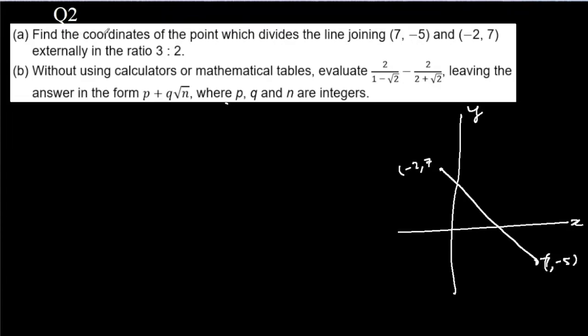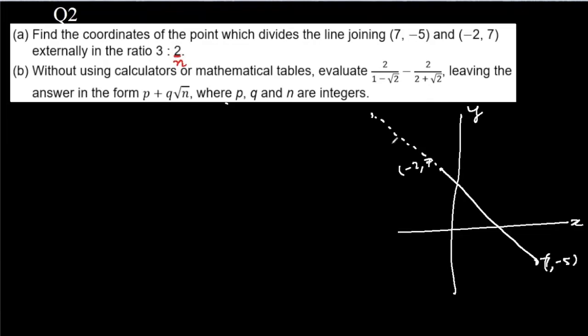The word divide usually means that we have to cut this line into pieces, but no, because it is externally, that means we have to extend this line further so that whatever is the added part, this second part is the added part, let's call it n.